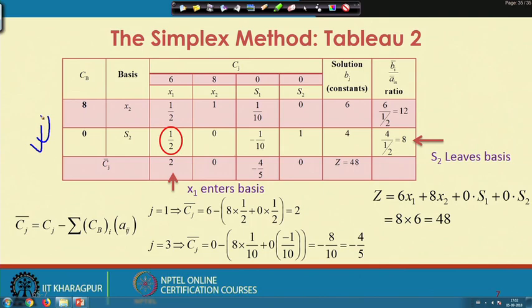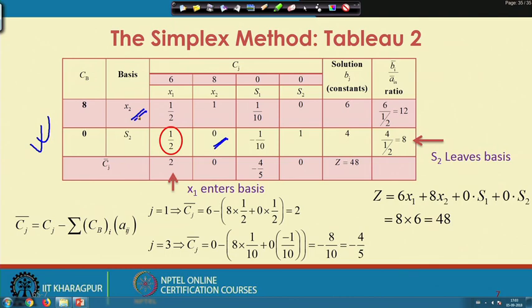So, you go to table 2, note the coefficient of x2 is 1 here in the first row, in the second row this is 0. So, in the previous tableau we have seen x2 enters basis and S1 leaves basis.